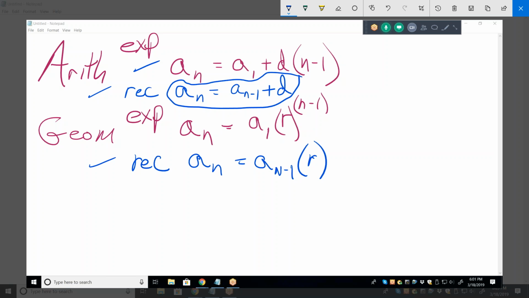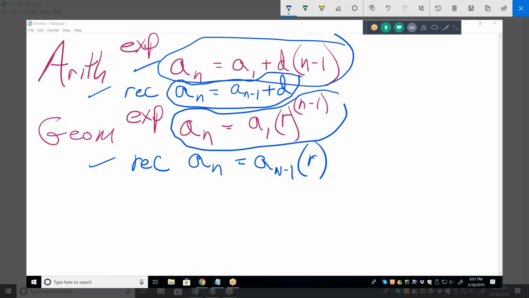And they certainly can give you problems where you're required to know this. But I don't know, there might be some higher math that uses this. The ones that I would memorize are those, the explicit definition as opposed to recursive.